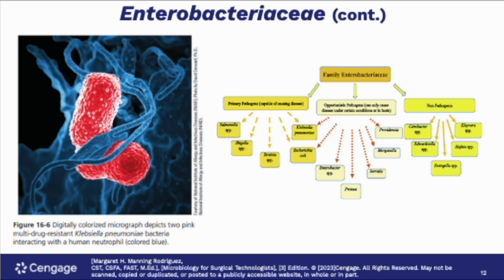Now, we also look at Klebsiella, which is non-motile, rod-shaped, gram-negative. They make things resistant to the body's defense and many antibiotics. Some of these include pneumonia, which is common in healthcare-associated infections, particularly in respiratory and urinary tracts.